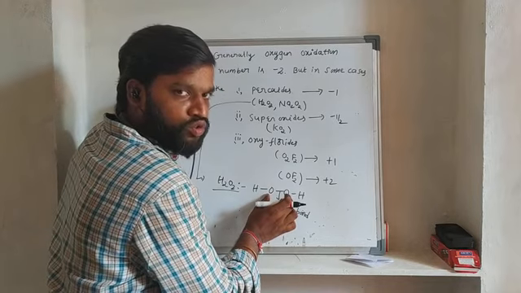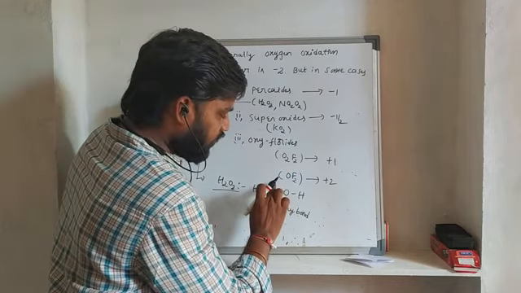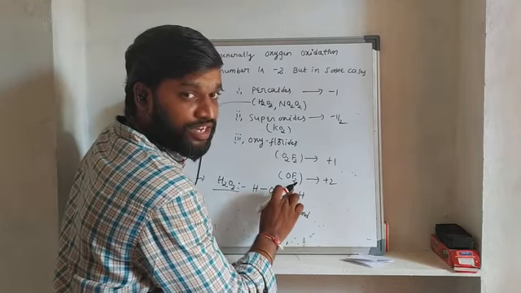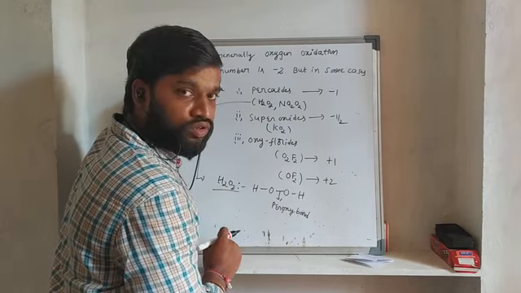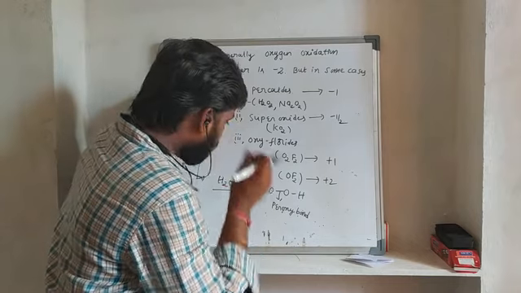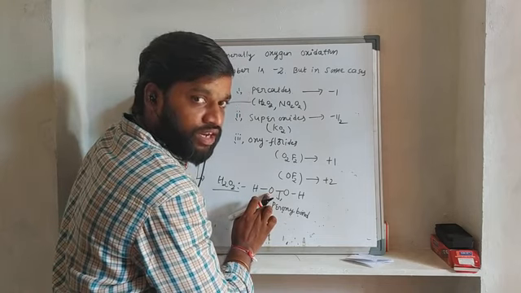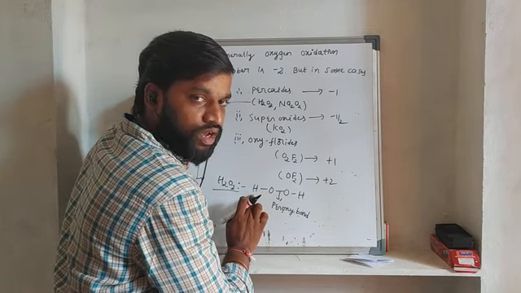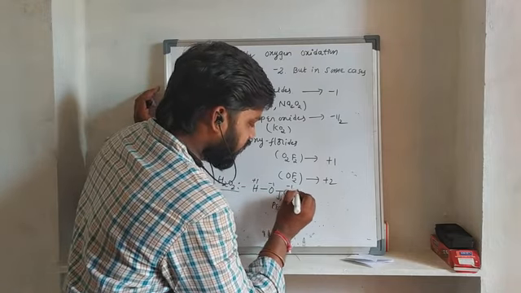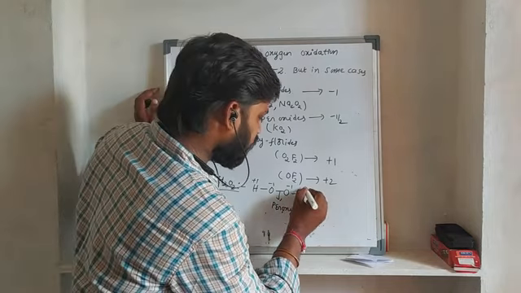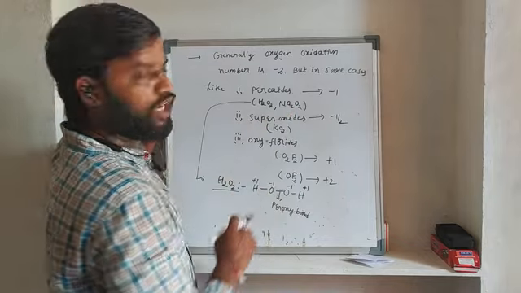Next, between hydrogen and oxygen, oxygen is the more electronegative element compared to hydrogen. That's why here +1, here -1. Like here also, -1 and +1. Similarly Na2O2 also.